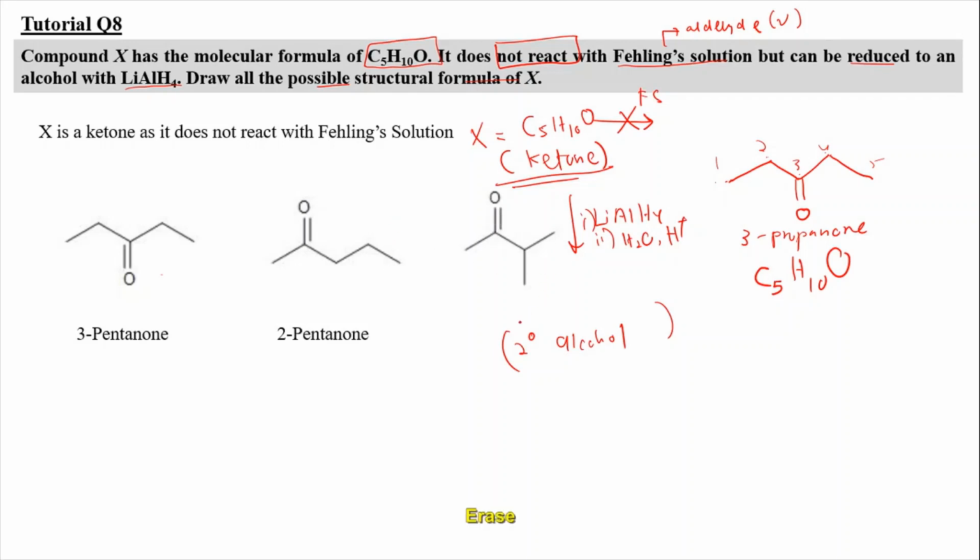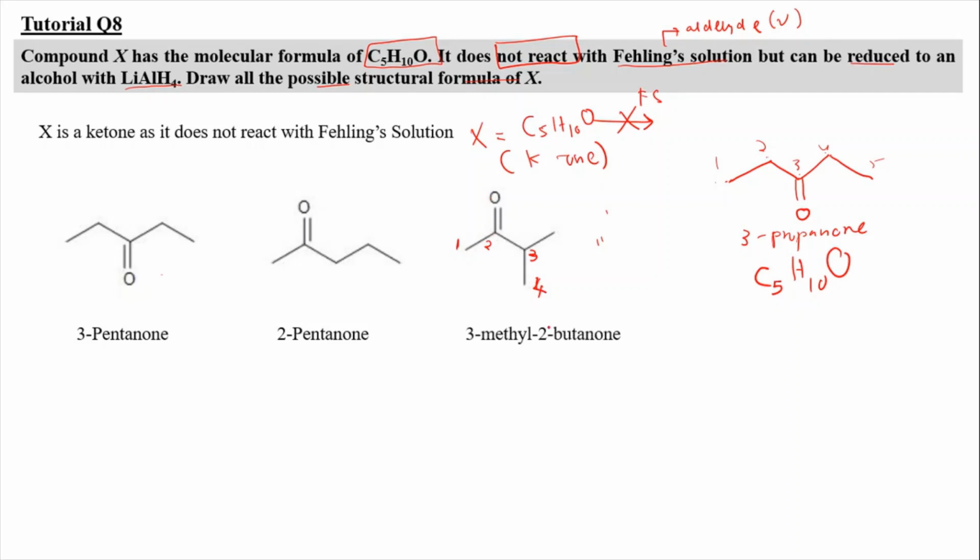So once I do that, so this is our third structure, which is we need to start numbering from here, 1 2 3 and 4. So it's gonna be butanone, because 1, 2, 3, 4, and the ketone is at carbon number 2. So it's gonna be 2-butanone and the methyl group is attached at number 3. So it's gonna be 3-methyl-2-butanone. Okay.